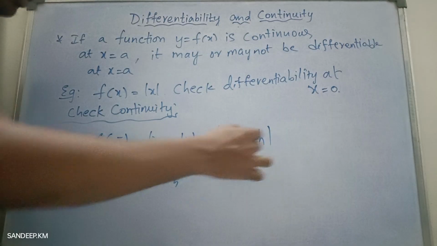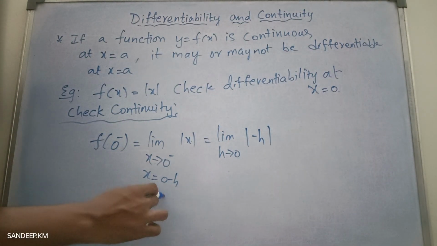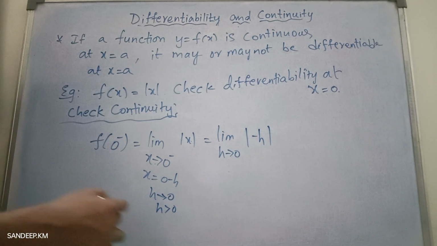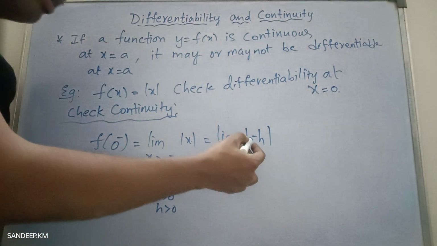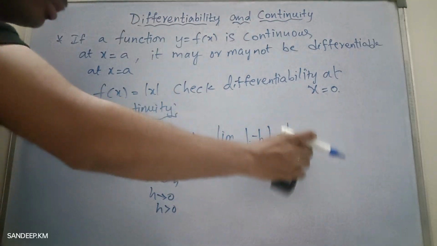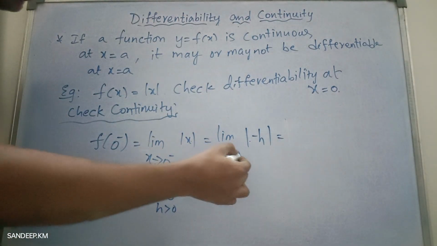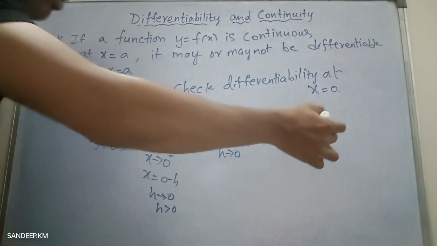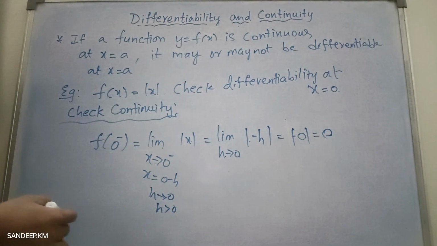That means minus h, where h is positive and approaching 0. And modulus of minus h is plus h, or we can directly substitute h value as 0 now. Modulus of minus 0 or plus 0 is equal to 0. The left hand limit is 0.